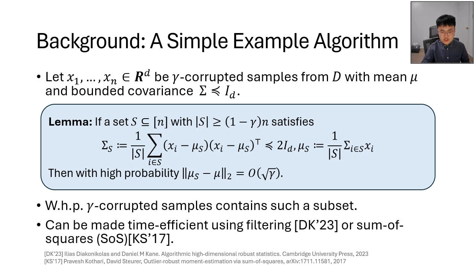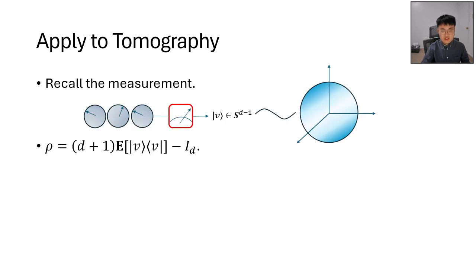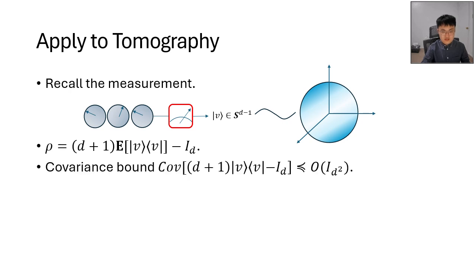And we don't have to worry too much about the time efficiency regarding the brute force search, because it can be made time efficient using either filtering or sum of squares technique. So we can apply this algorithm to tomography. Recall that we get samples on the unit sphere, and we can further bound the covariance of this matrix. So we are kind of treating this matrix as a vectorized version.